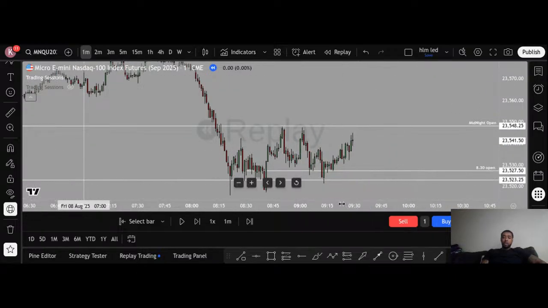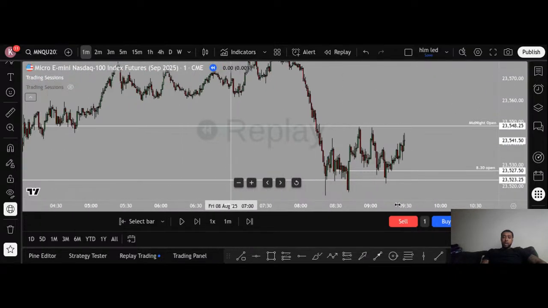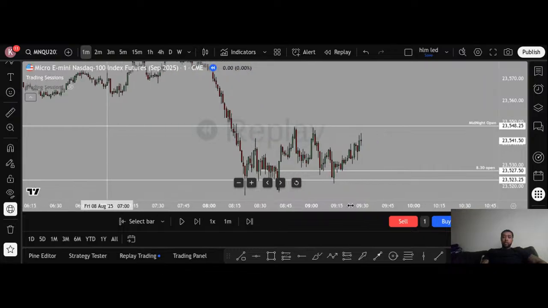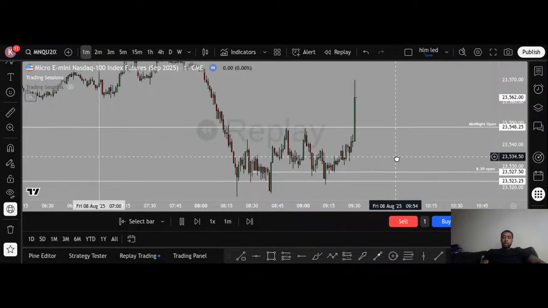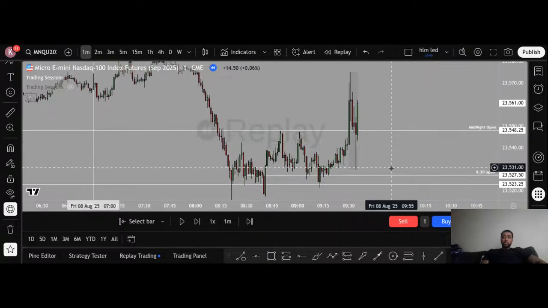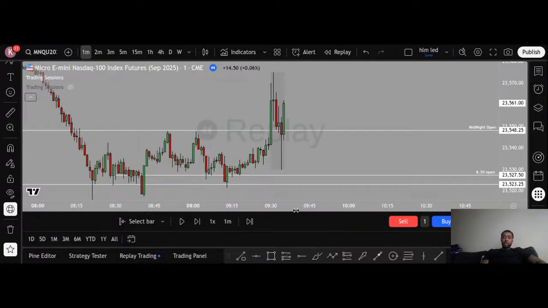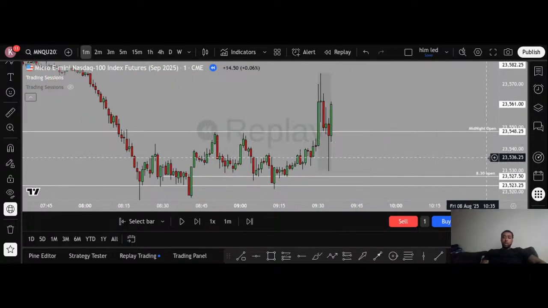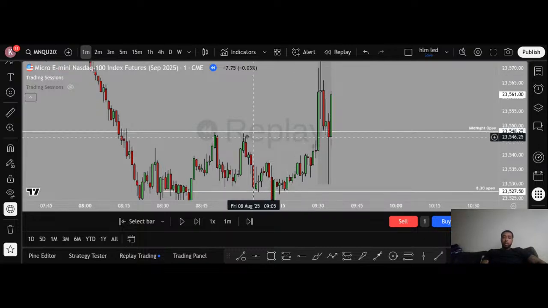Cool. We already got a sweep, so we're just waiting for bullish order flow. Let's wait for bullish order flow. Bam. Pause. First thing we see, we do get a sweep above these highs.